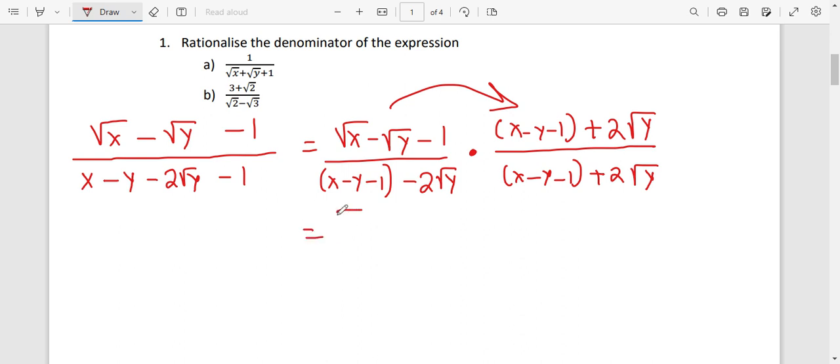So this is going to give us open brackets. I'm first going to write square root of x minus square root of y minus 1. Remember, this is multiplying what is on the other side. And the other side, we have got what? x minus y minus 1, and then plus 2 square root of y, like that.